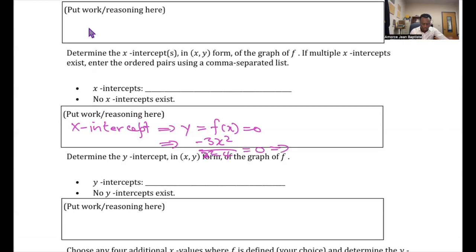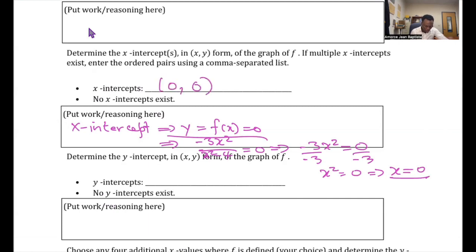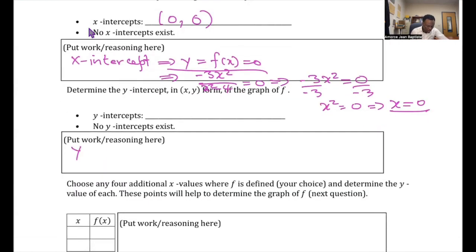So that is negative 3x squared equals 0. Divide by negative 3, x squared equals 0. Square root of 0 is 0. So x equals 0, y equals 0. So the point is (0, 0).